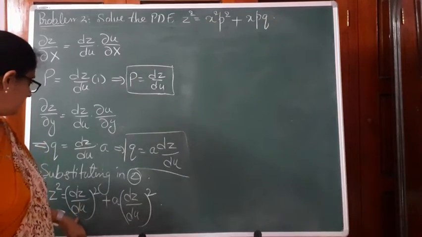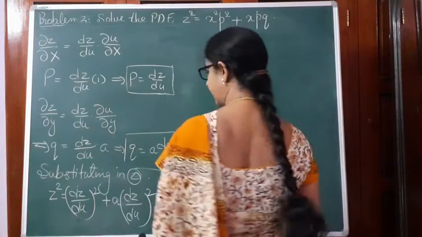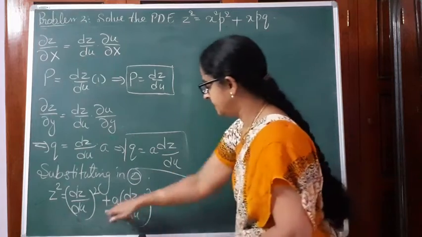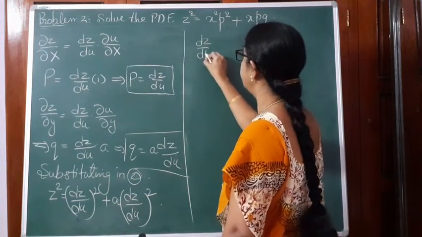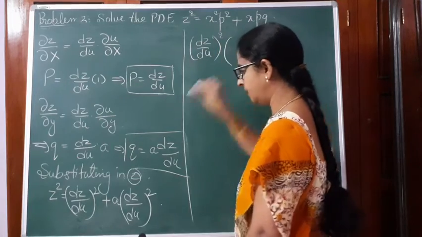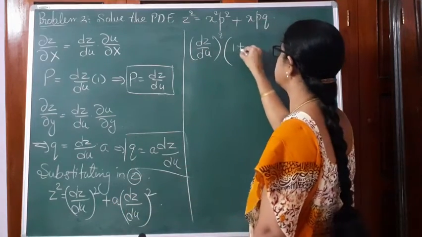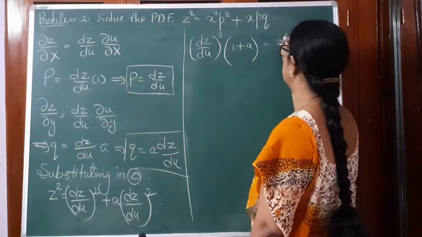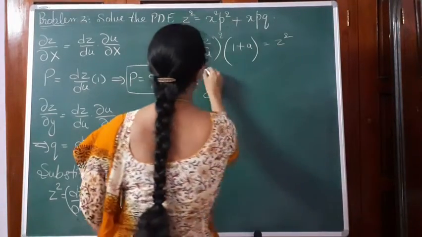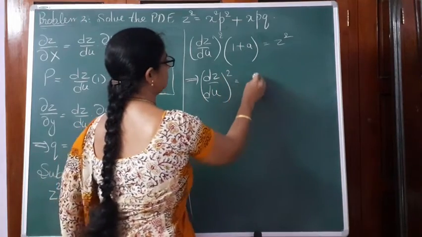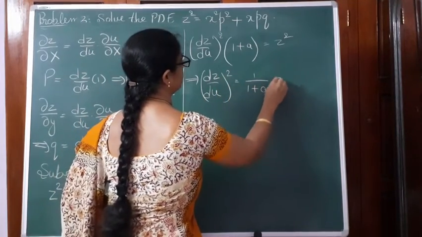From this dz by du whole square, we take dz by du whole square common. Dz by du whole square into 1 plus a is equal to z square. So that dz by du whole square is equal to 1 by 1 plus a into z square.